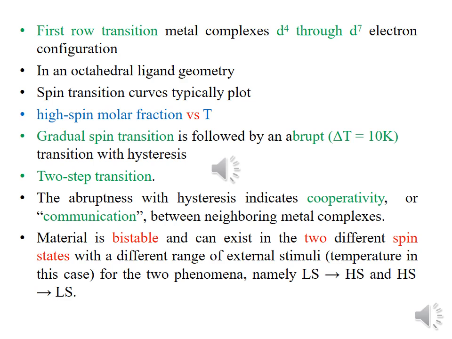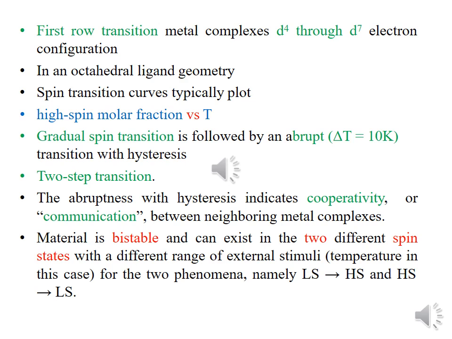The second graph is about the abrupt transition with hysteresis. In this graph, we show two lines. First, a high spin complex is converted into the low spin complex as temperature increases, and second, the low spin complex is converted into the high spin complex, meaning the spin states of both these complexes are interchanged.